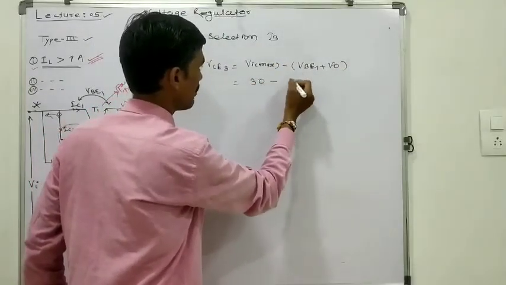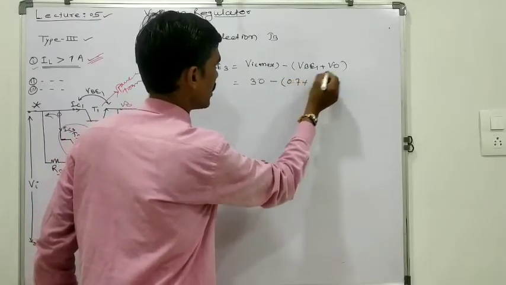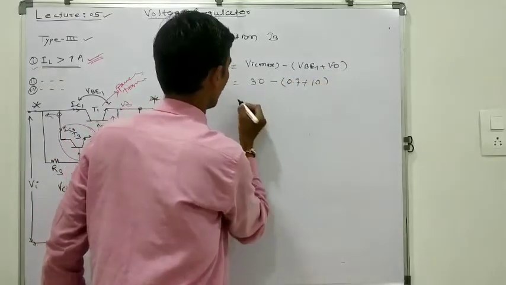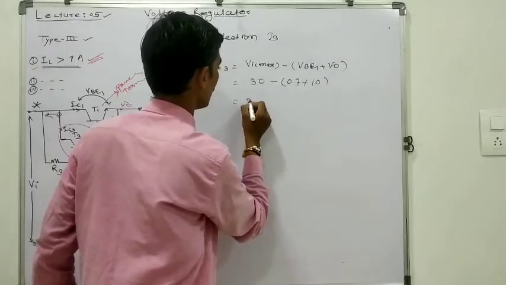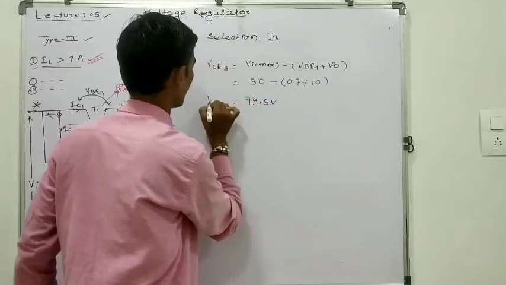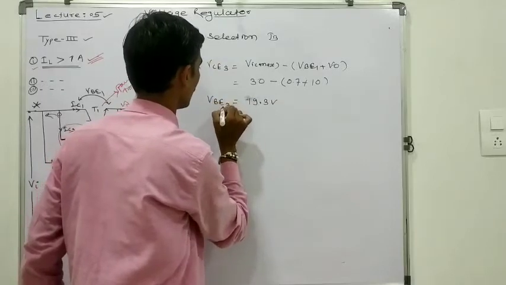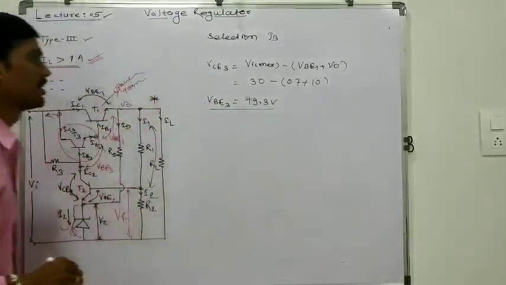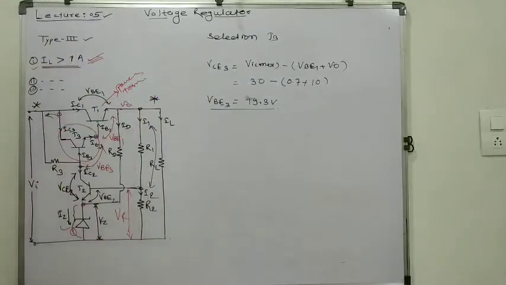So it is 30 minus 0.7 plus VO, 10 volt, so it is 19.3 volt. So VCE3 is 19.3 volt. Next we have to calculate the current IC3.